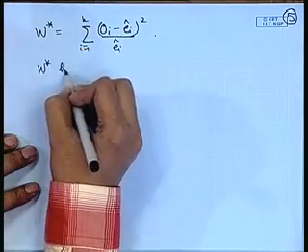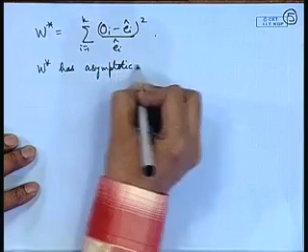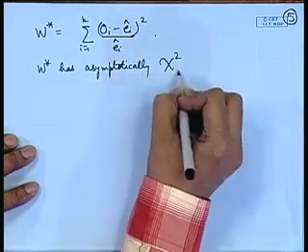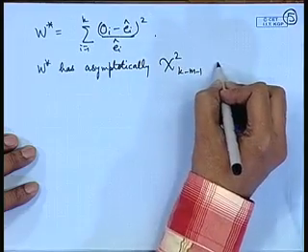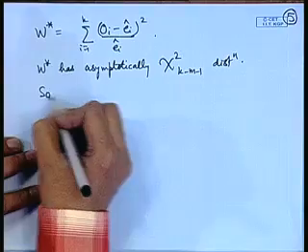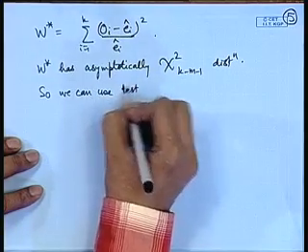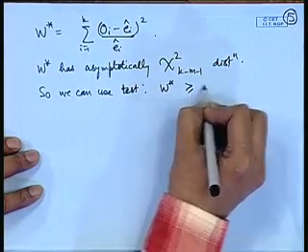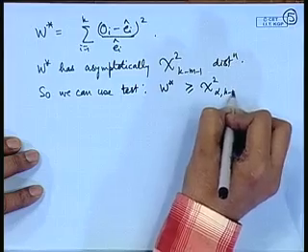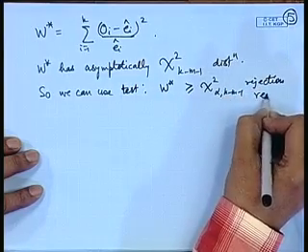W star has an asymptotic chi-square distribution on k minus m minus 1 degrees of freedom. So, once again we can use the test that W star greater than or equal to chi-square alpha, k minus m minus 1. This is the rejection region.